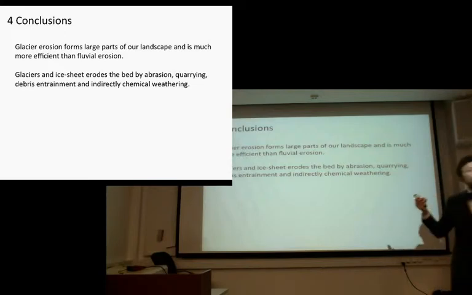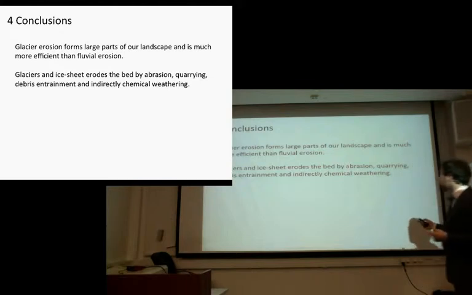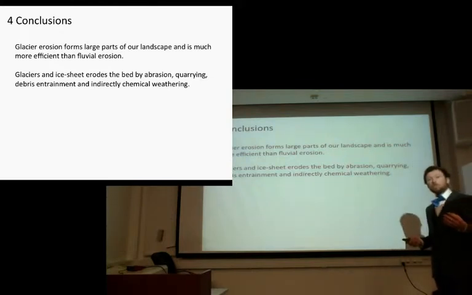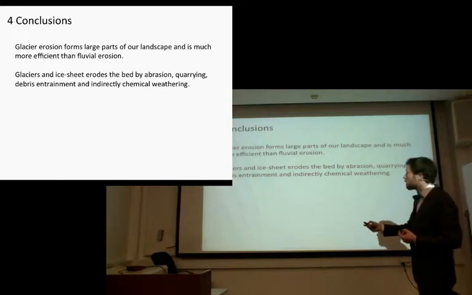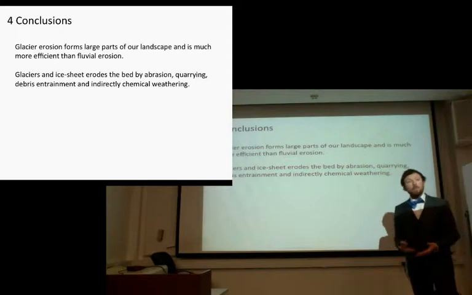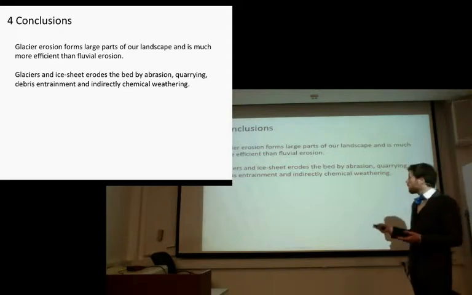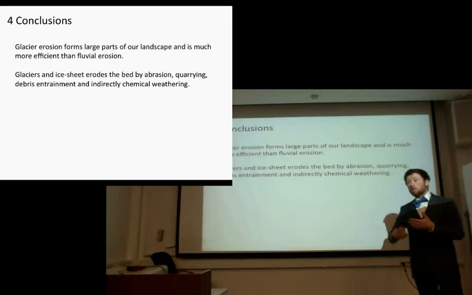You have 4 processes that you should remember. The abrasion and quarrying are the most important ones, the ones that we understand the most. And then we have diluent transport, so when we have sediments, it's very common in the ice sheets. And then we have chemical weathering, which has this very interesting connection with the subglacial life, so biology.